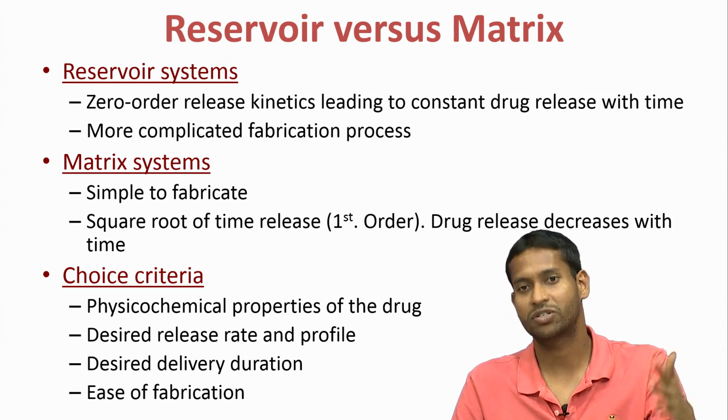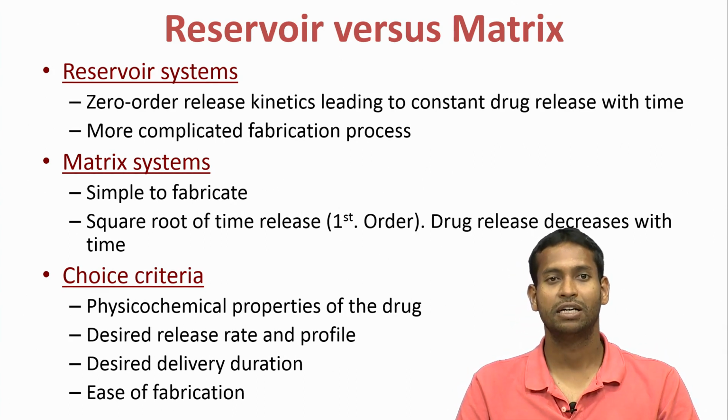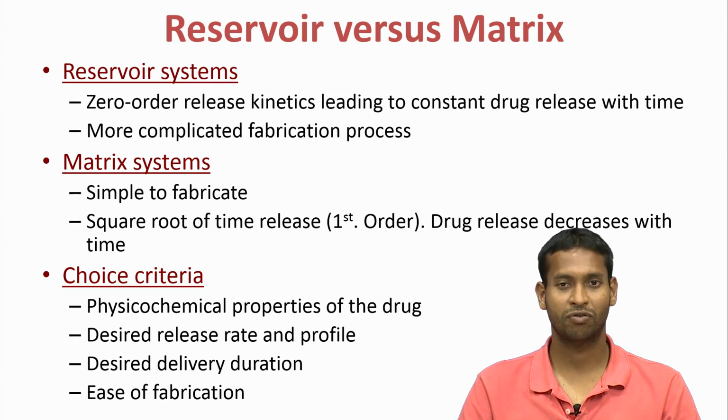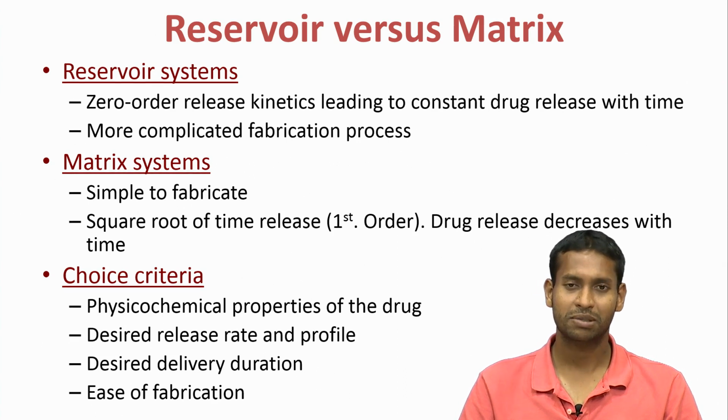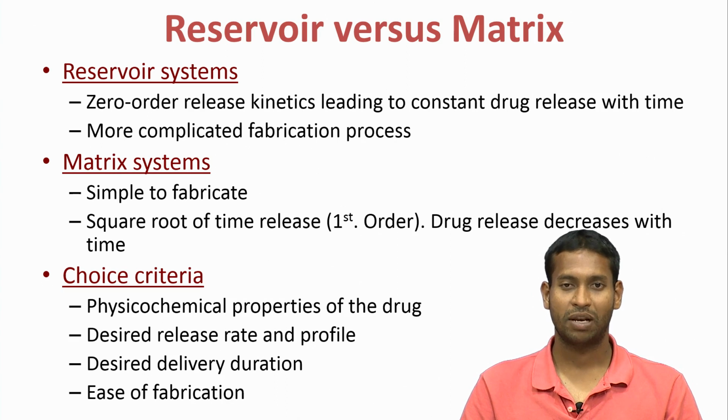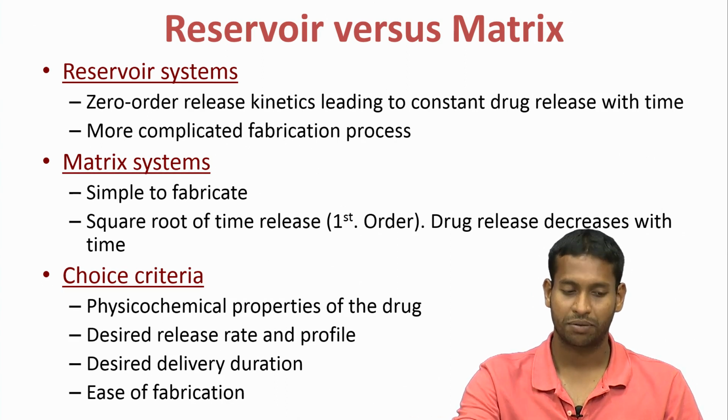If you want it released at a constant rate, you want a reservoir system. How much duration are we looking at? As I just said, reservoir systems can be adjusted to release over a period of months, and even matrix systems can do that, but again it depends on what profile you want. And then of course the facilities you have for fabricating it will also limit what you can and cannot do.